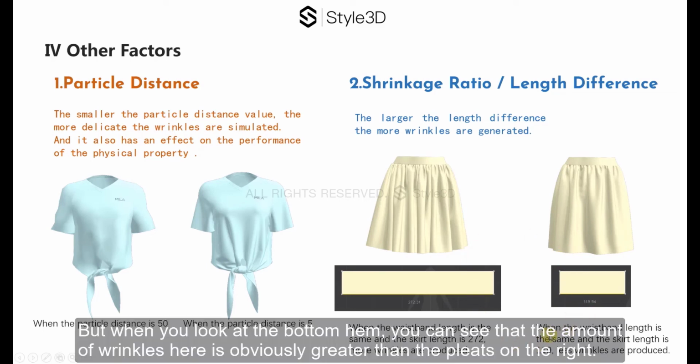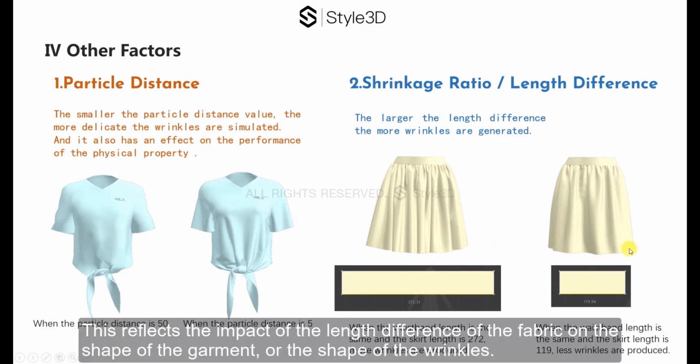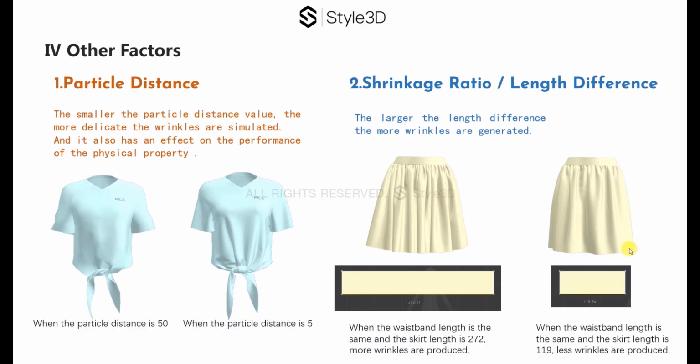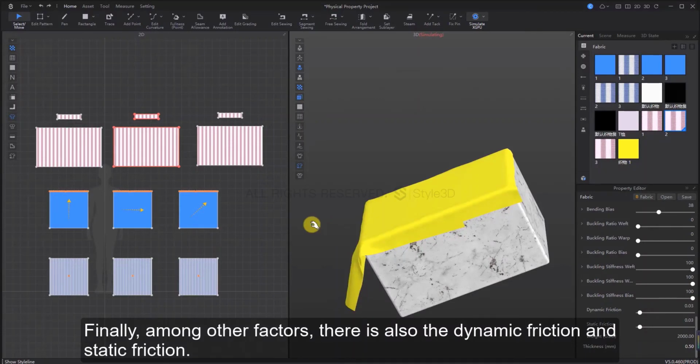But when you look at the bottom hem, you can see that the amount of wrinkles here is obviously greater than the pleats on the right. This reflects the impact of the length difference of the fabric on the shape of the garment or the shape of the wrinkles. Finally, among other factors, there is also the dynamic friction and static friction.